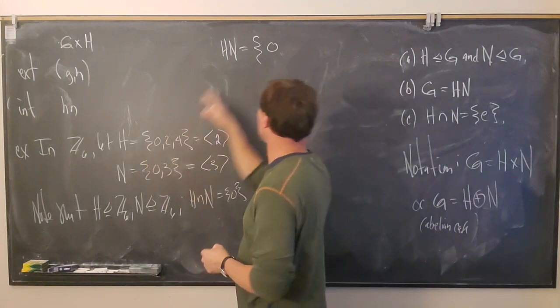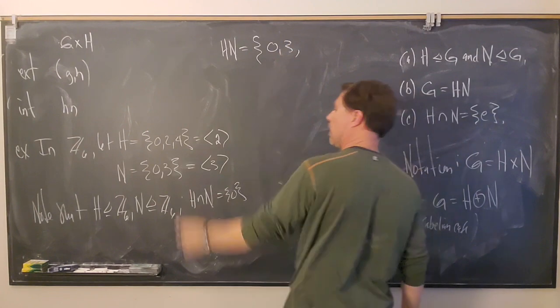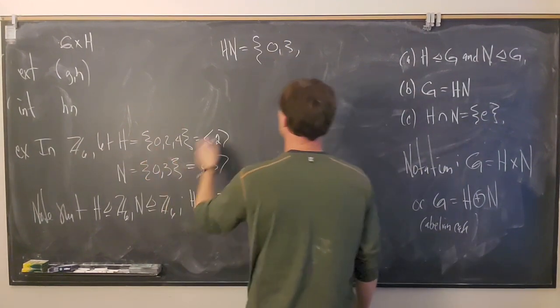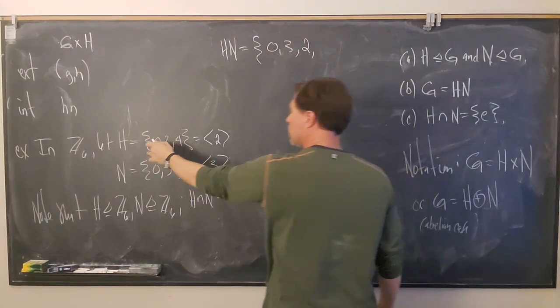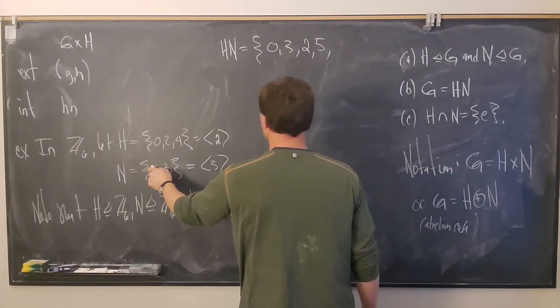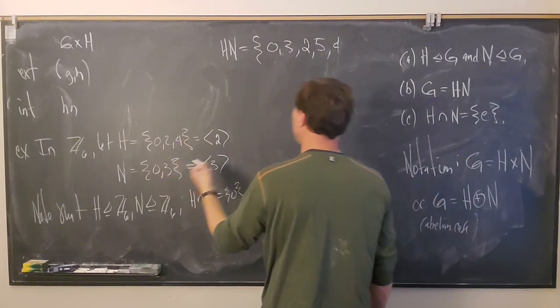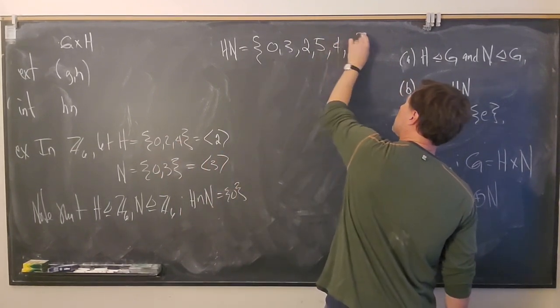So 0 plus 0 is 0. 0 plus 3 is 3. 2 plus 0 is 2. 2 plus 3 is 5. 4 plus 0 is 4. 4 plus 3 is 7, mod 6 is 1.